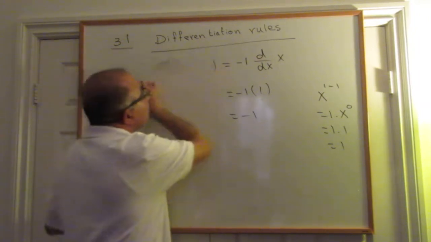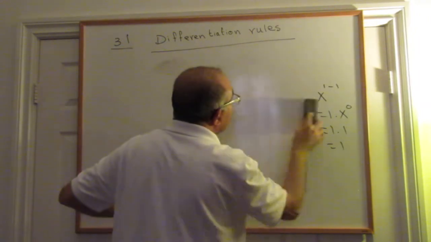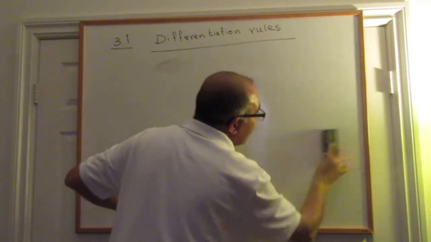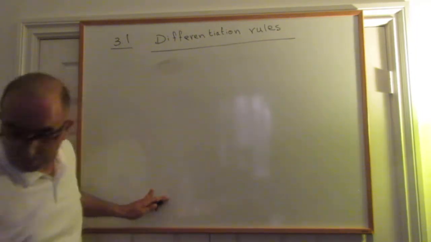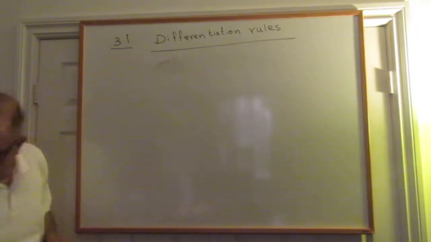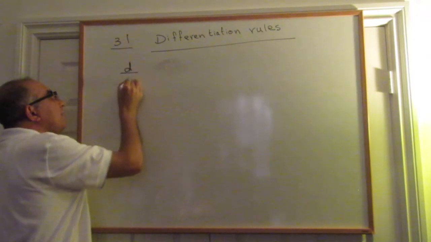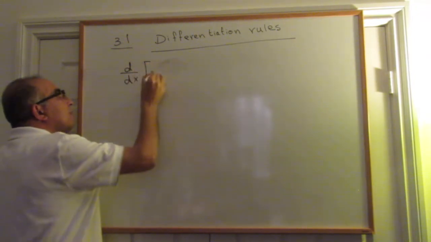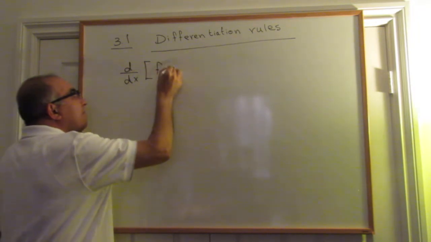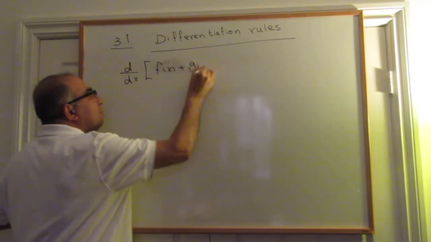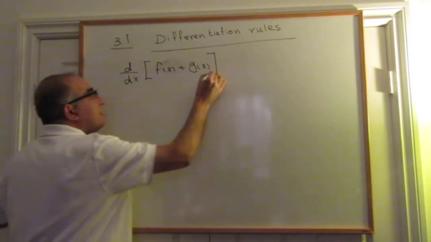Now, the addition and subtraction rule. D over dx of f of x plus g of x.